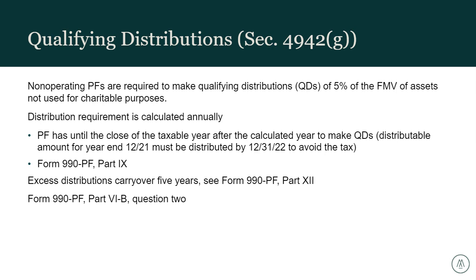So if you over-distributed 5 years ago and you don't use that excess distribution this year, then you lose it. On the Form 990-PF there's also a section, Part 6B, question number 2. This applies if a foundation doesn't meet its distribution requirement, and that will trigger the Form 4720. Again, this does not apply to private operating foundations.